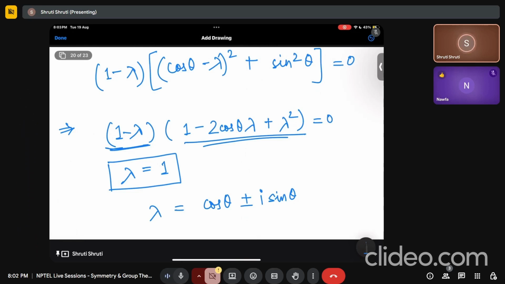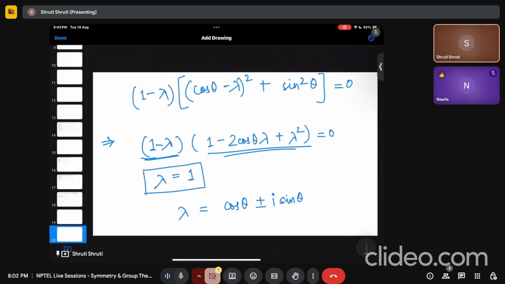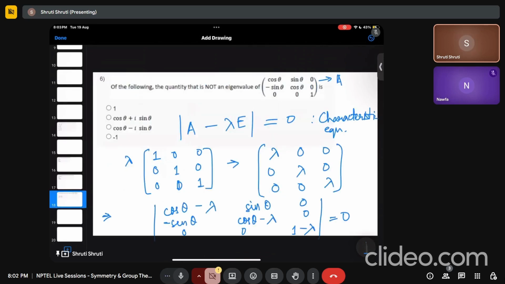These three are the eigenvalues. Out of the following, the quantity that is not an eigenvalue is minus 1. Minus 1 is not an eigenvalue.